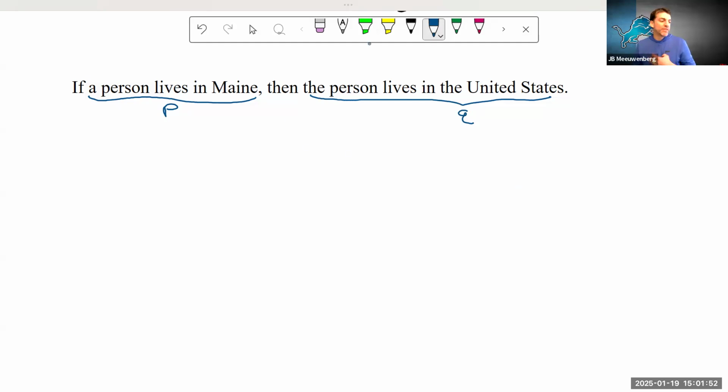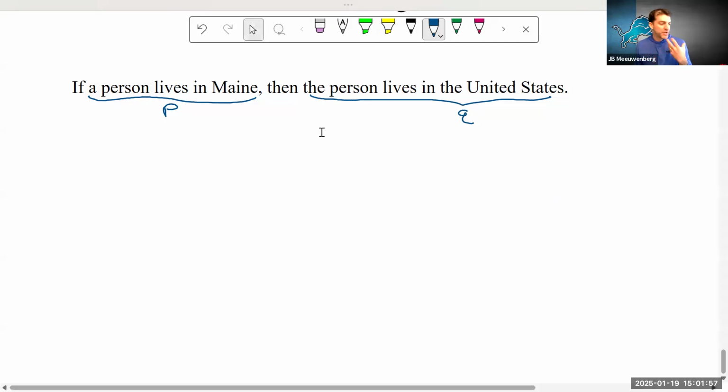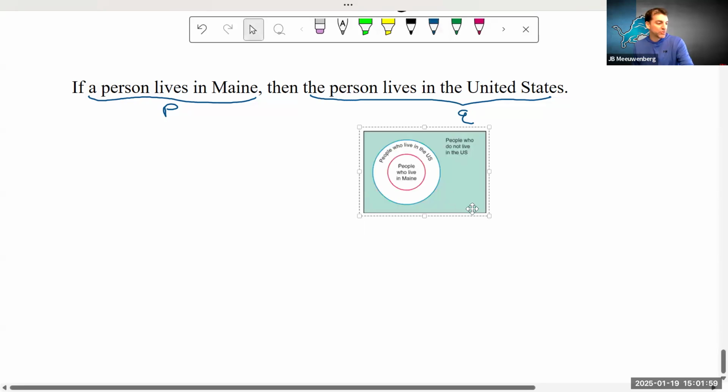Let's take a quick peek at what the Venn diagram of this might look like, just so we can get a visual representation as well.